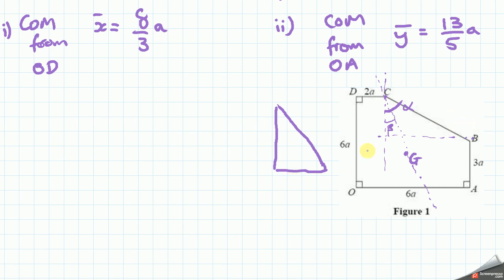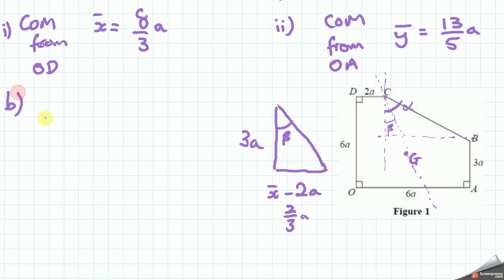So x bar minus the 2A for point C, and that's the base of this triangle here, and that works out as being 2/3 A. The vertical distance here is the height above B, so it's 3A on that side. So we can calculate the angle beta, and calculate the angle alpha by using this length here, which is 4A, and this length here, which is 3A.